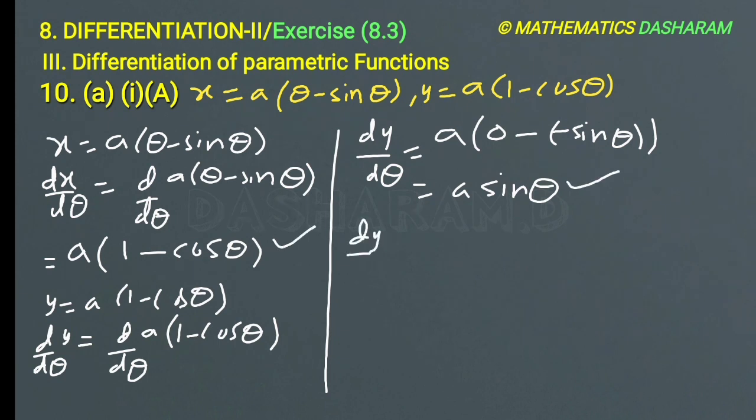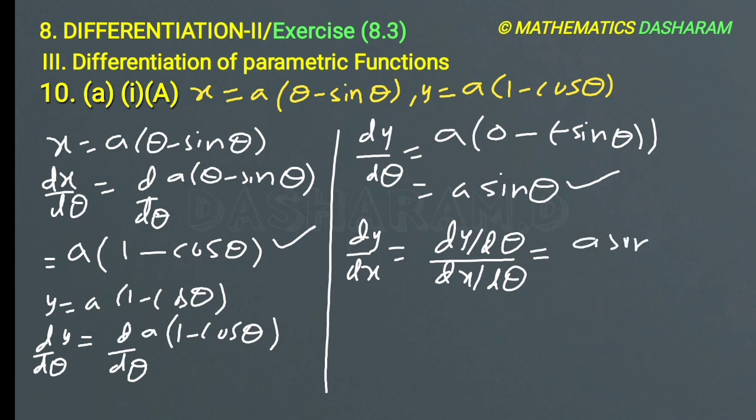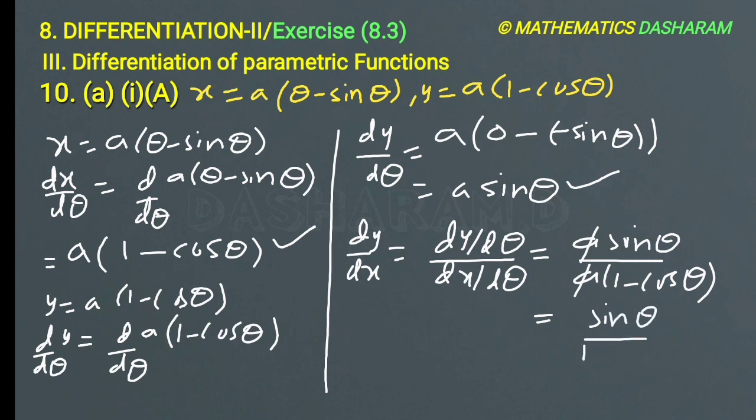Then our required answer is dy by dx, that means dy by d theta divided by dx by d theta. It equals dy by d theta value a sin theta divided by dx by d theta a bracket of 1 minus cos theta. Here a cancels, so sin theta divided by 1 minus cos theta.